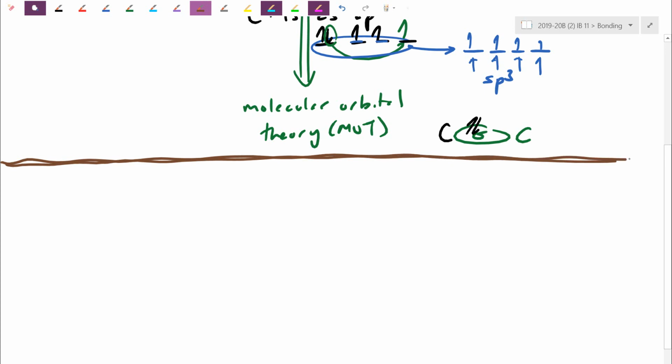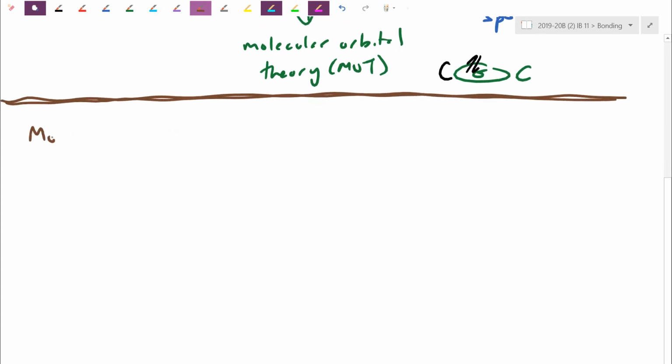So the first side topic is the more technical one. I already wrote it down for you here. This is molecular orbital theory, or MOT.